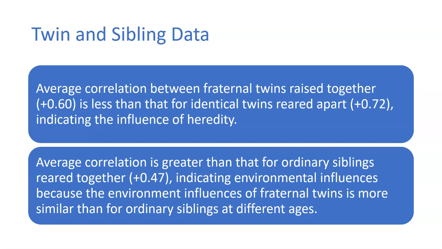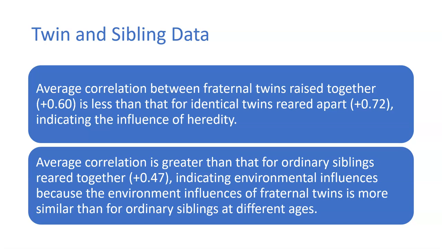For ordinary siblings, as in not twins, not born at the same time, you see a drop, even when they're reared together, from 0.6 to 0.47. So there, the environmental influences for fraternal twins are more similar than they are for ordinary siblings who are different in age.